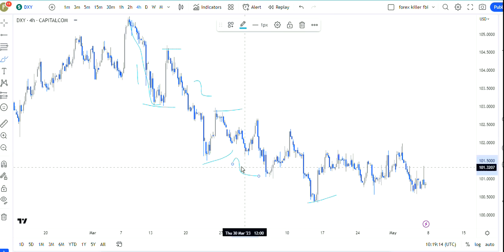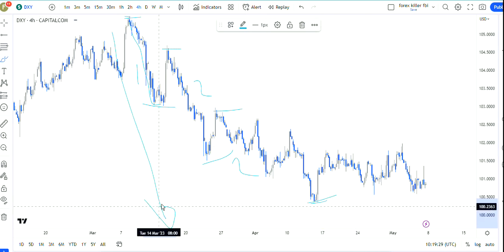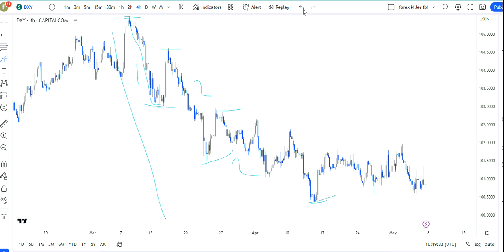As we can see here on DXY, we are moving to the downside, a down trend, from here up to here. If you know that this is a down trend, what should we do so as to capture the next upcoming move?